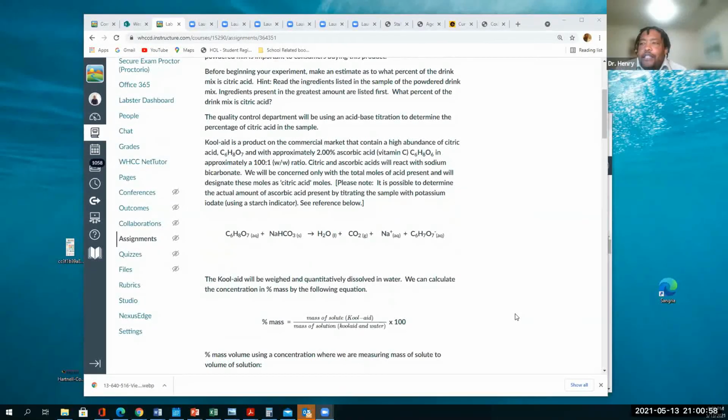But don't start yet till I give you the calculation so I can give you the key to the city. So at the end of the day, there are a few calculations that I want from you. At this point, you should already be able to calculate the percent mass.